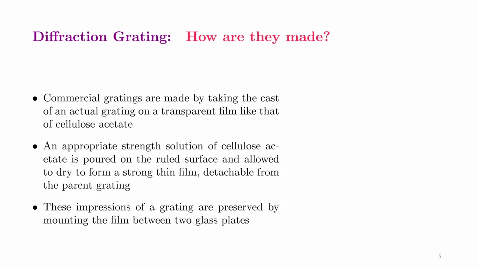Commercial gratings are typically made by taking the cast of an actual grating on a transparent film, like that of cellulose acetate. An appropriate strength solution of cellulose acetate is poured on the ruled surface and allowed to dry to form a strong, thin film which can be detached from the parent grating. These impressions of a grating are preserved by mounting the film between two glass plates.